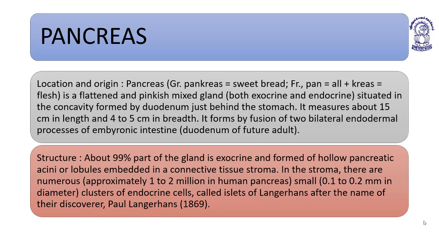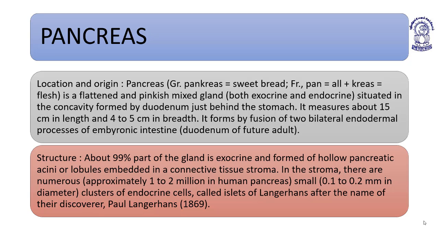Today I am going to start with a very interesting topic for the chapter chemical coordination and integration. In the previous lectures, we have completed the hypothalamus, pituitary gland, thyroid gland, adrenal gland, and parathyroid gland as well.